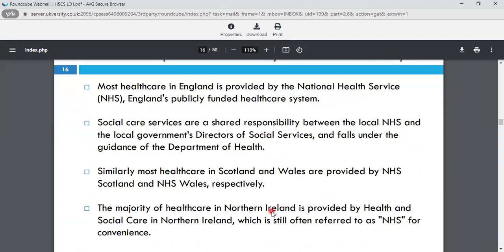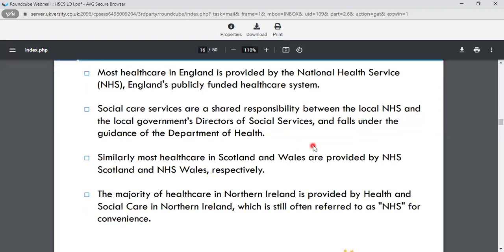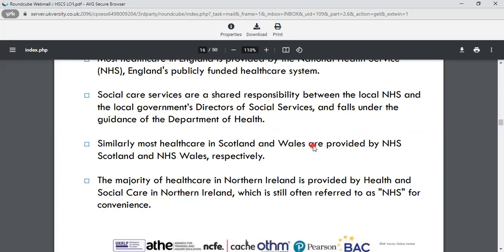Social care services are a shared responsibility of the local NHS and local government's directors of social care services, and fall under the guidance of the Department of Health. Similarly, most healthcare in Scotland and Wales is provided by NHS Scotland and NHS Wales, respectively. The majority of healthcare in Northern Ireland is provided by Health and Social Care in Northern Ireland, which is still often referred to as the NHS for convenience.